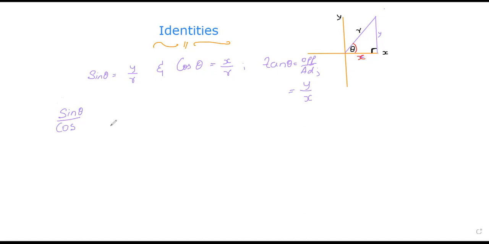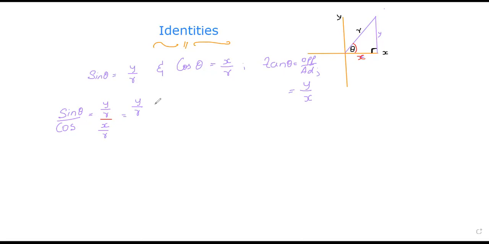Divide the sine by a cos. From our alphabets here, this is Y over R divided by X over R. This can work out to be Y over R.